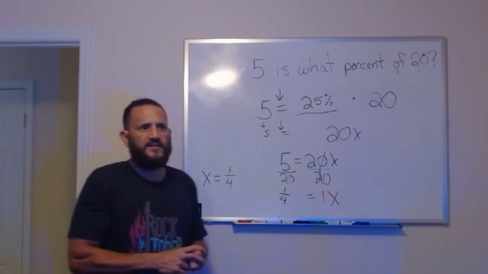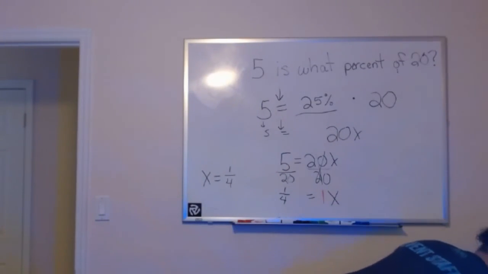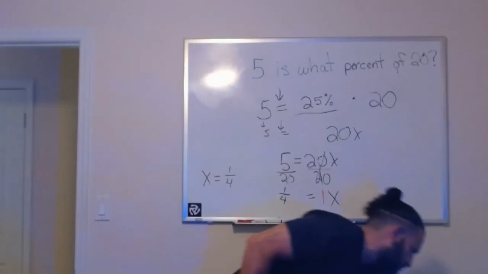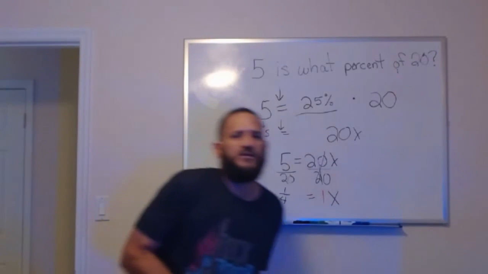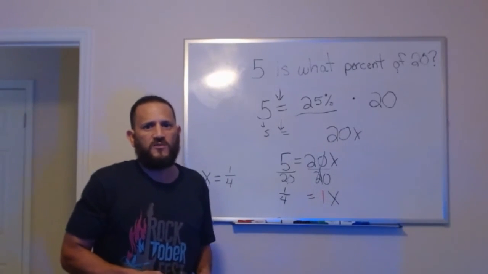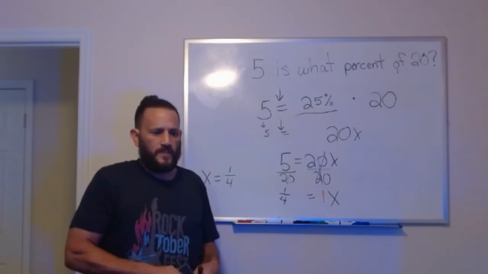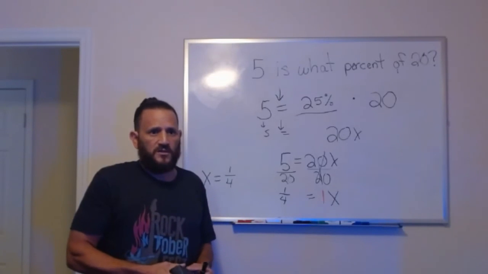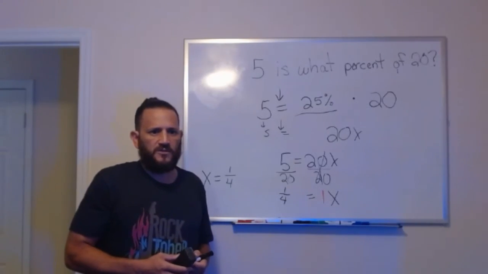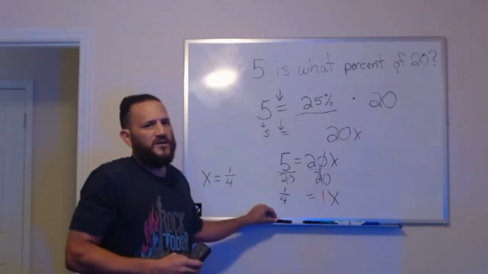So that is, let me see what section that was. That's 6.3, problem solving with percent translation. That's a developmental math course. It's a 4 credit hour course. Okay, I took the notes because I wanted to teach my son.